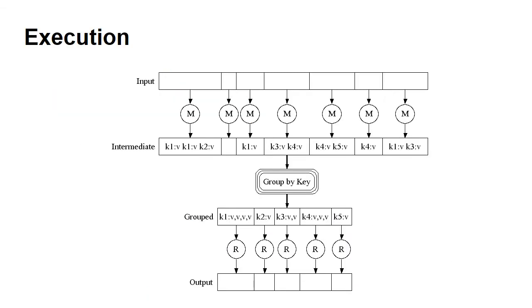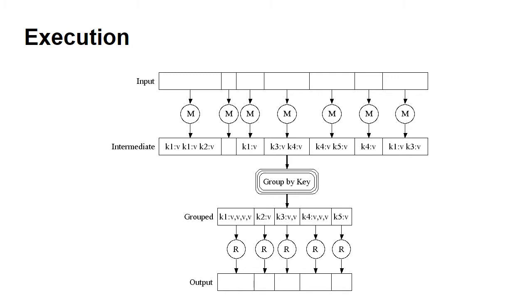And here is how the execution was envisioned originally. You have input, which is a very large file store. It has been chunked up into blocks as we studied last week.